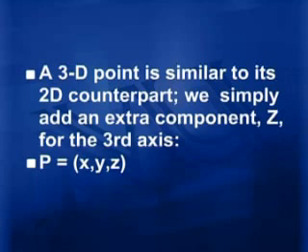So a 3D point is similar to its 2D counterpart. We simply add an extra component, which is z, for the third axis or the third dimension. So the point can be expressed as P comprising three coordinates, x, y, and z.